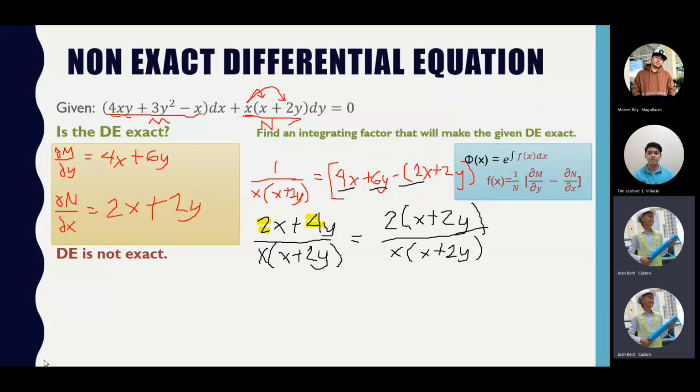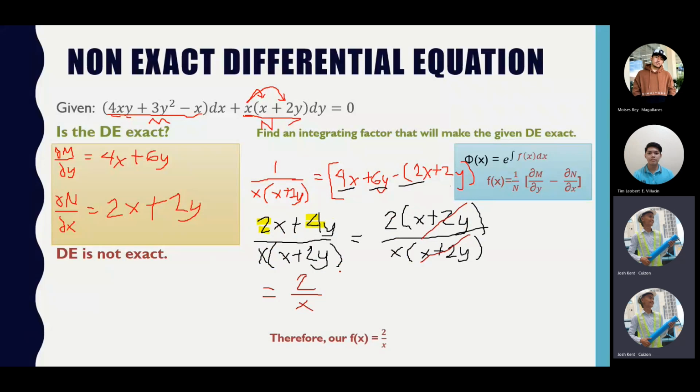So now, we can cancel, right? So, upon canceling these, what remains is 2 over x. So therefore, we can say that our f of x is equal to 2 over x.